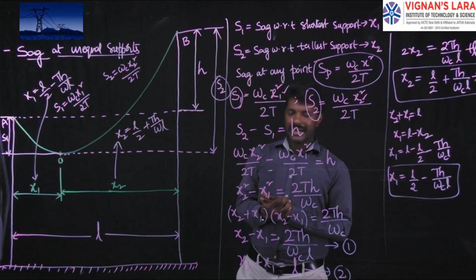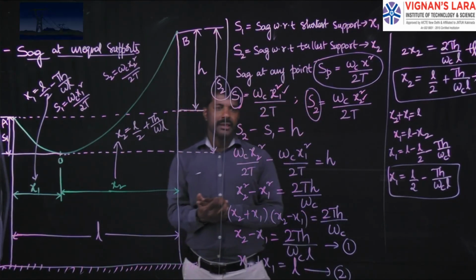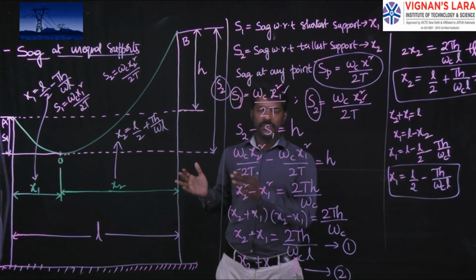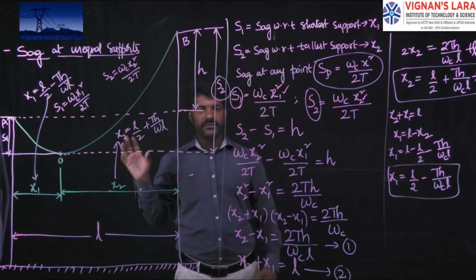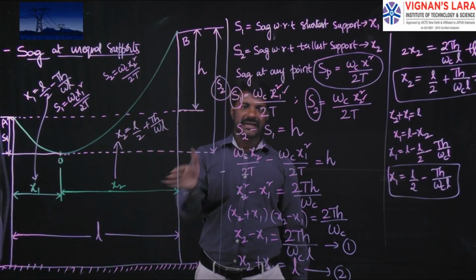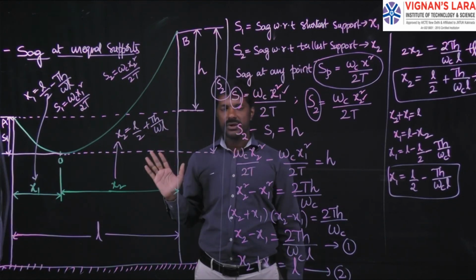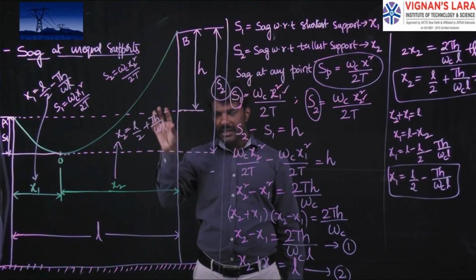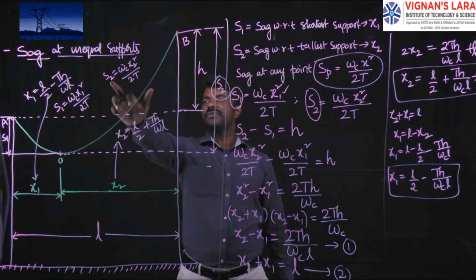Also, under abnormal conditions like stormy weather, a large blow of wind occurs. Because of that wind flow, a pressure is applied on the conductor so that the conductor will swing with certain velocity. That pressure will affect the magnitudes of the sags.